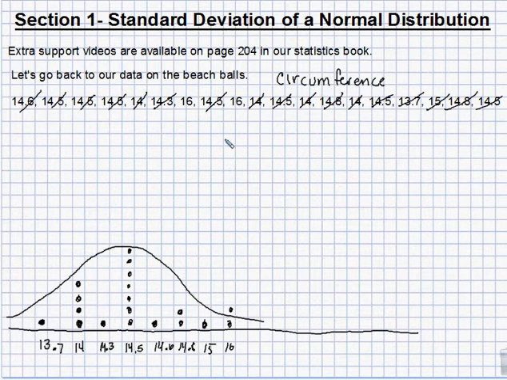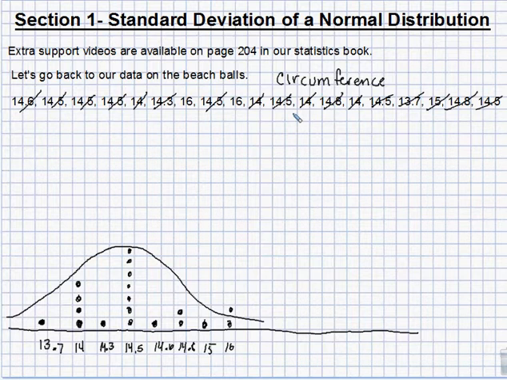Now the reason we don't have a perfect curve is because we have mass-produced beach balls that were then individually inflated. If a machine inflated them with the exact same amount of air in each ball, we'd probably get closer to a normal curve.